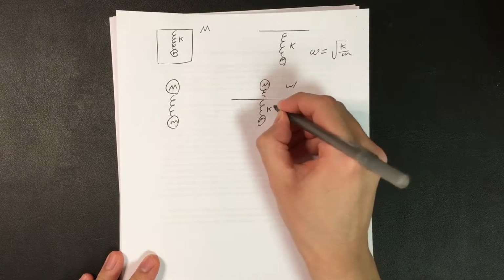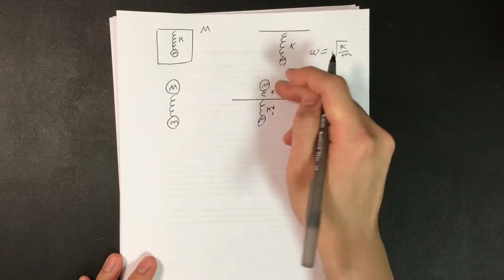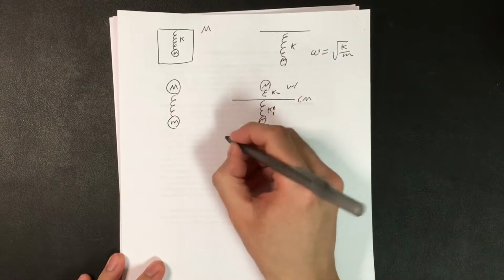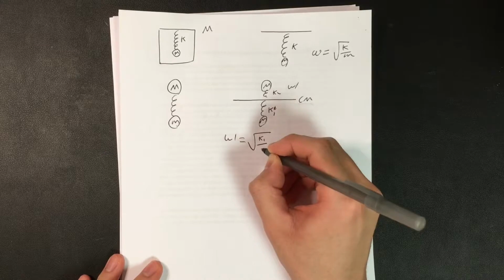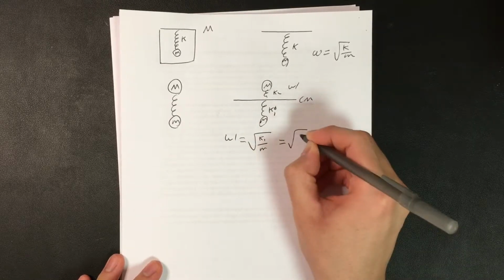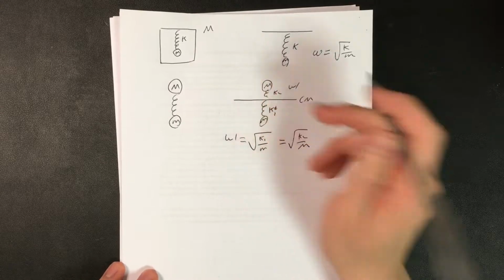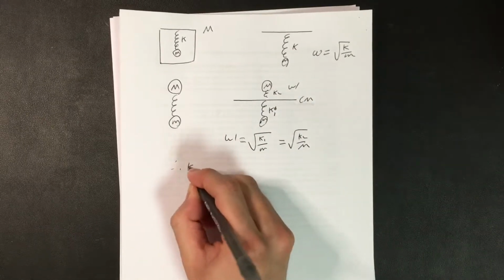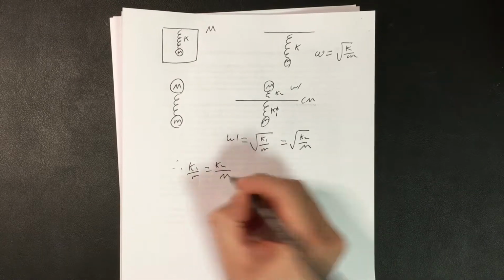If I call the spring constant of the bottom half k1 and the spring of the top half k2, then omega prime equals the square root of k1 over small m, which also should equal the square root of k2 over big M, since the frequency of both masses should be the same. Therefore, k1 over small m equals k2 over big M.